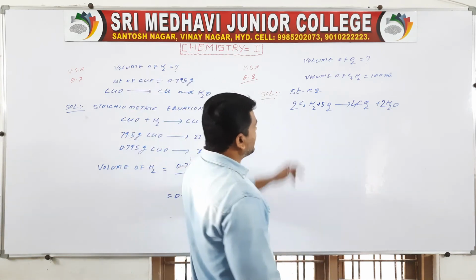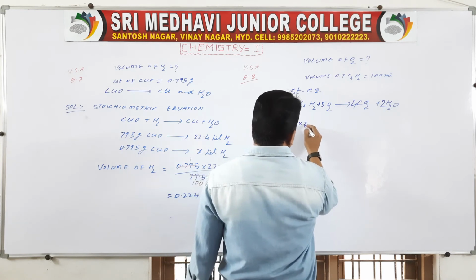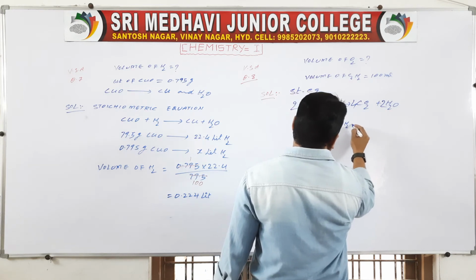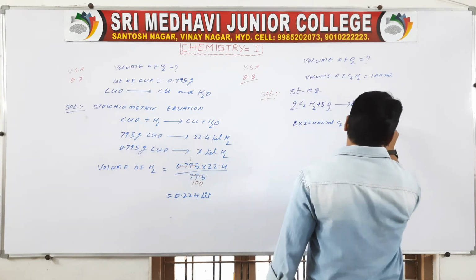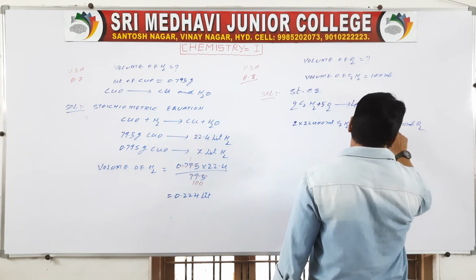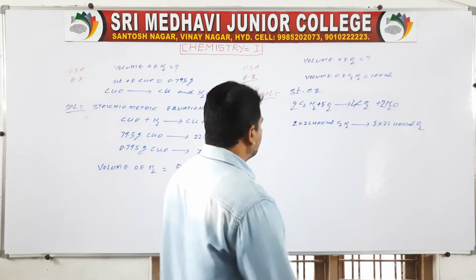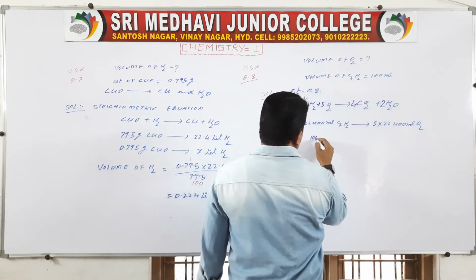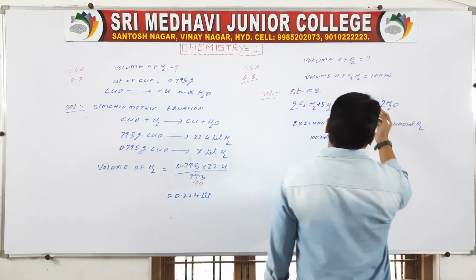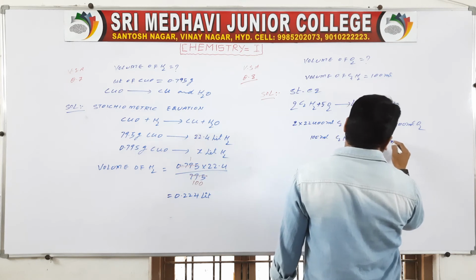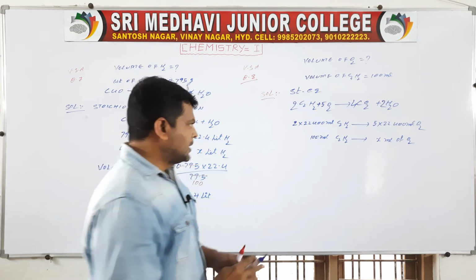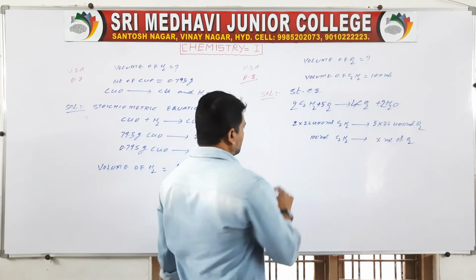From the stoichiometric equation, 2 into 22,400 milliliters of C2H2 gives rise to 5 into 22,400 milliliters of O2. Then 100 ml of C2H2 gives rise to X ml of O2. X is nothing but the volume of O2.